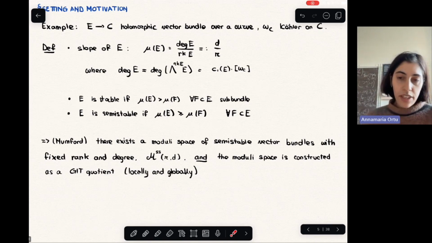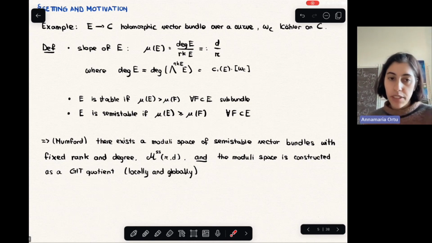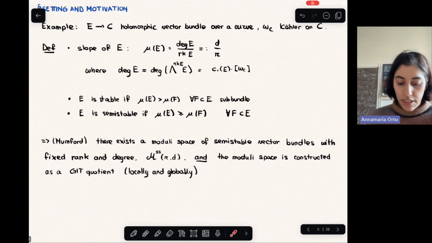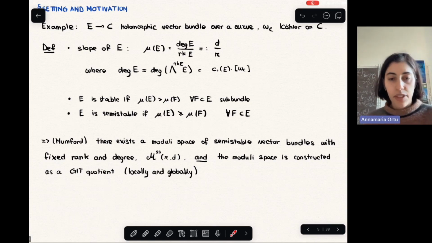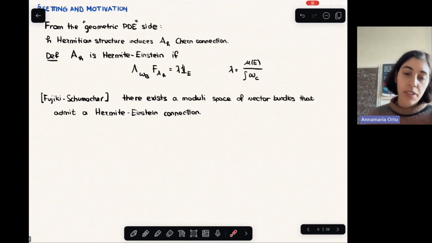It's a classical result of Mumford that there exists a moduli space of semi-stable vector bundles when you fix rank and degree, and this moduli space is constructed as a GIT quotient locally and in this case also globally. A similar construction can be done from the geometric point of view, from the Hermite-Einstein point of view.